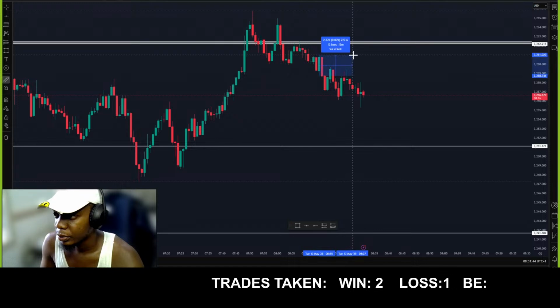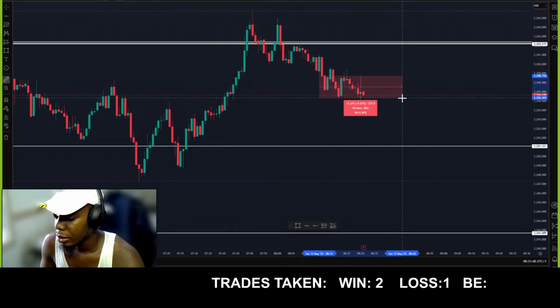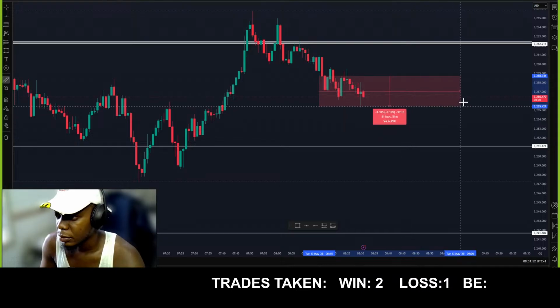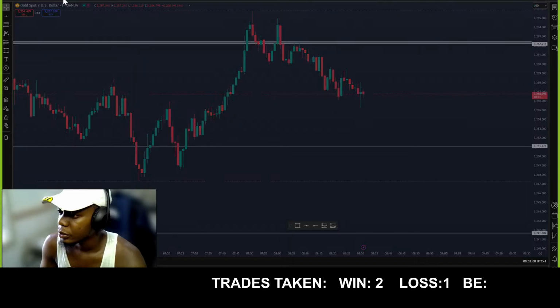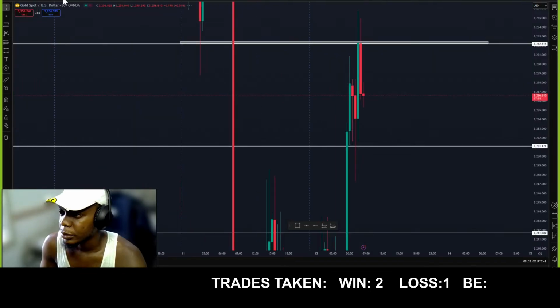The stop loss would have been 26 pips, and I'd go to my 1 to 1, only if the candle had pushed up and we had been in this trade long ago.